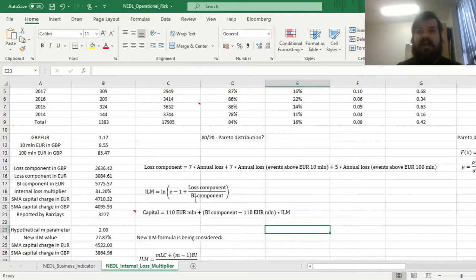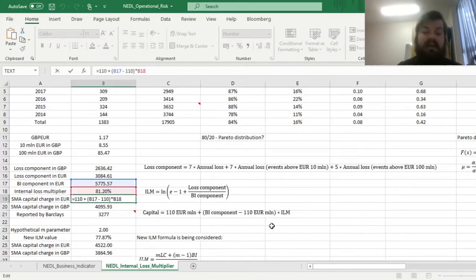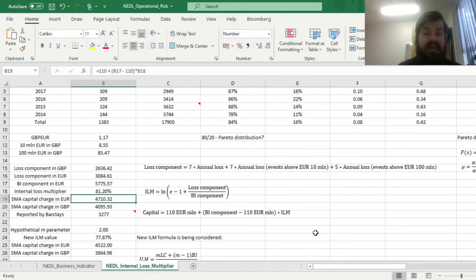But for Barclays that falls in bucket 4, we can calculate it as 110 million euros plus the business indicator component minus 110 million euros, and this difference should be multiplied by our internal loss multiplier. And we arrive at roughly 4 billion pounds of the standardized measurement approach operational capital charge, and this is quite close to the value reported by Barclays itself.